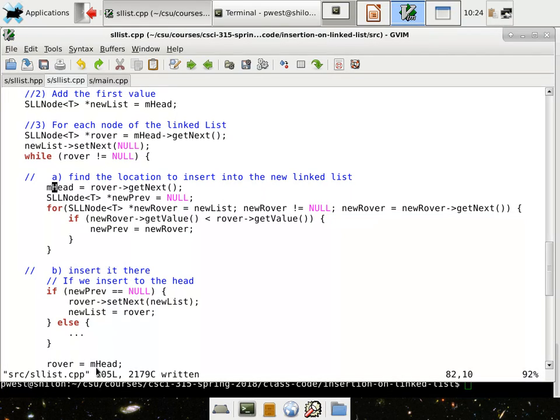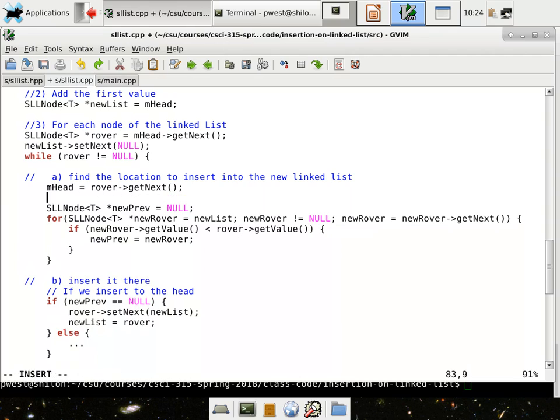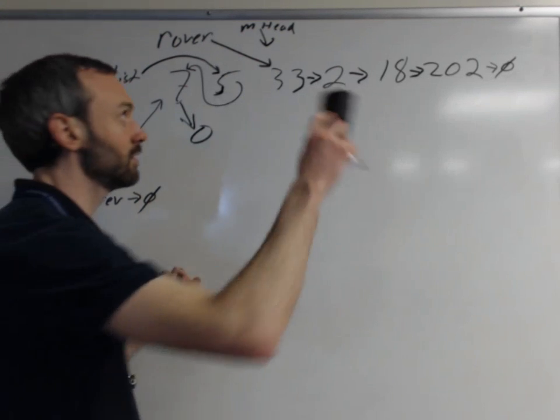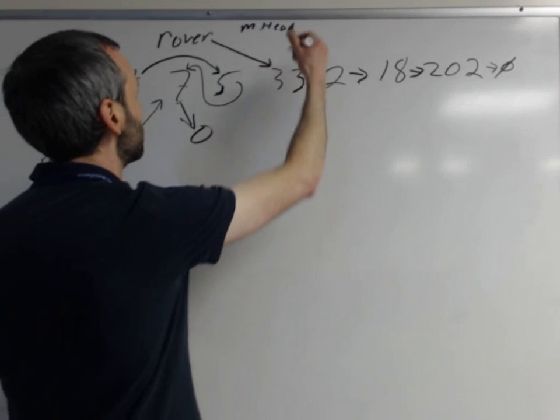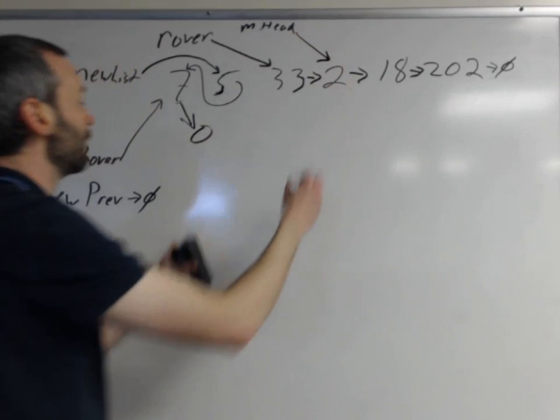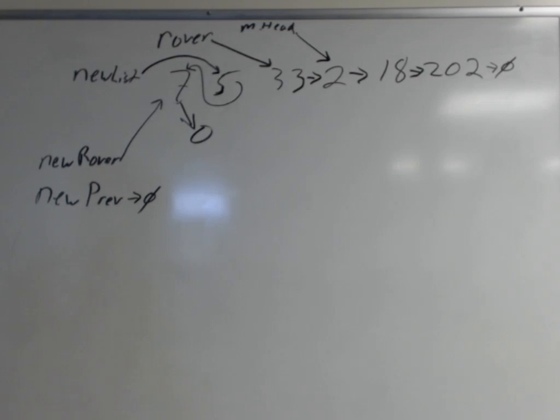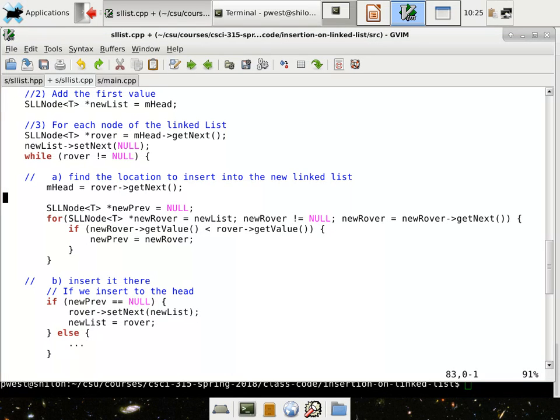Nope. So what's the first thing we do? We set m head equal to rover-next, which means that m head is now going to point to the 2. All right, good. And we can get to it because rover-next is 2. Perfect. Okay.